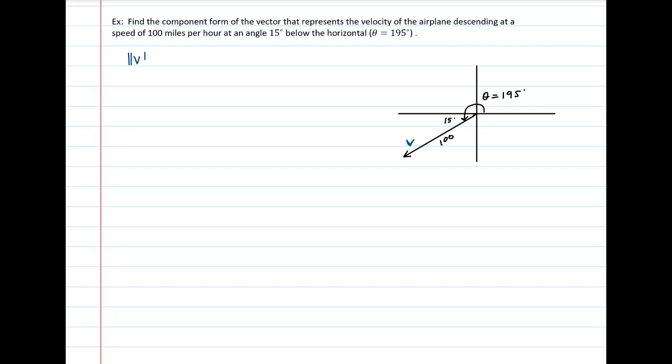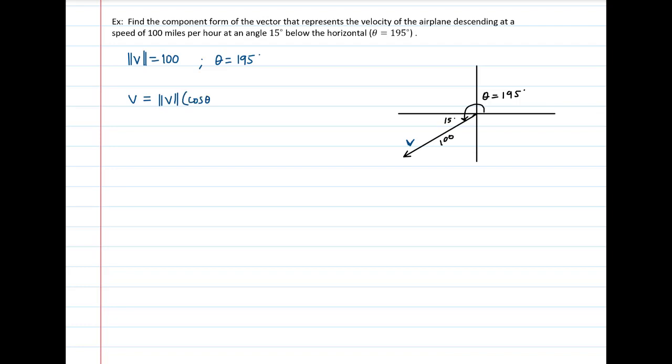If we look at the velocity vector being in the third quadrant, remember the direction angle is always formed with the positive x-axis and the vector. So labeling everything that we have here: vector v for velocity, its magnitude is 100 because the velocity is 100 miles per hour, and the direction angle is 195.